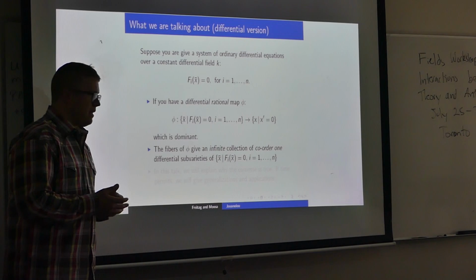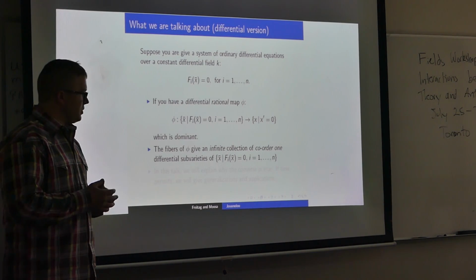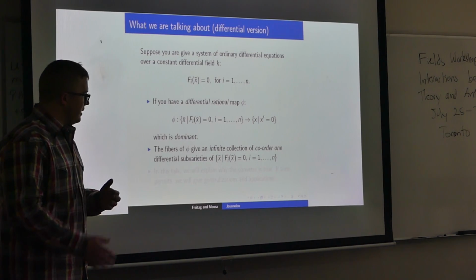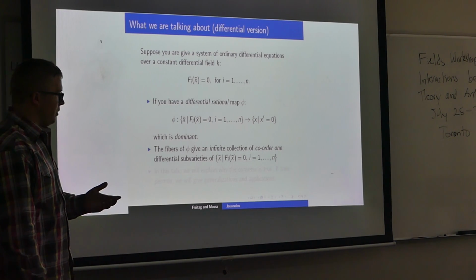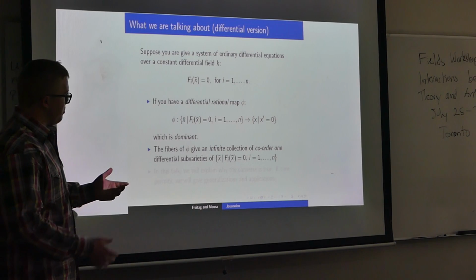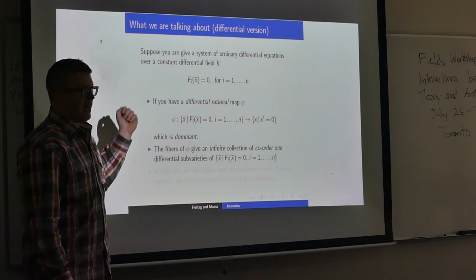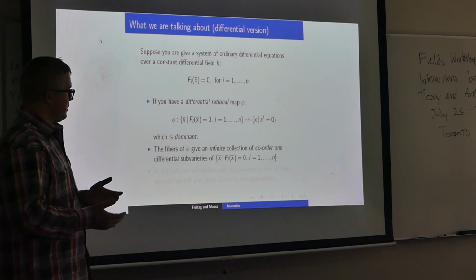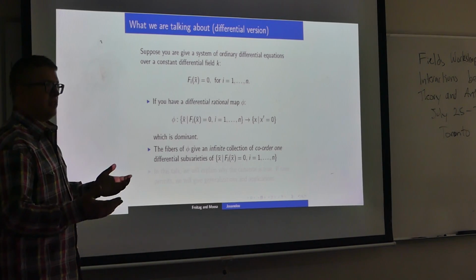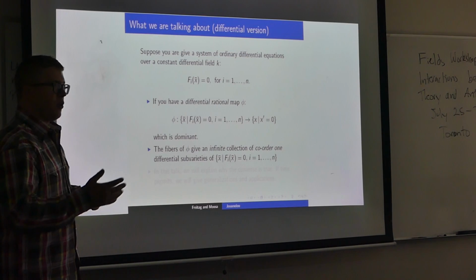And in the language that's been used in this workshop so far, this means that the subvariety has Kolchin polynomial given by the Kolchin polynomial of the original system minus 1. So it's the analog of codimension 1, if you like, but for the Kolchin polynomial.